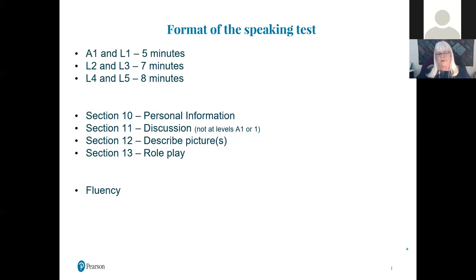So there's a score for each one of the 4 tasks, and there's a score for each one of fluency, interaction, range, accuracy, and phonological control. Okay, so we'll be looking at all of the 4 tasks and all of the 5 aspects over the 2 presentations. All right, moving on.